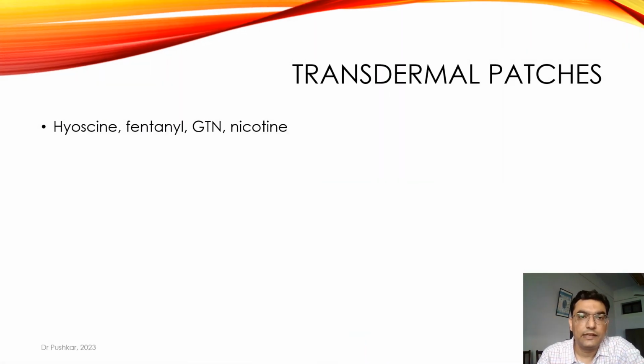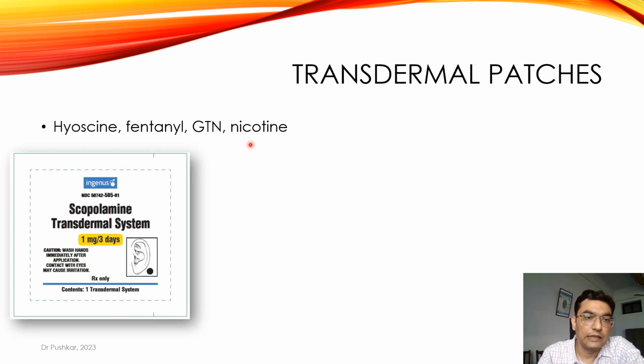There are various drugs that are available as transdermal patches, such as hyoscine, fentanyl, GTN, or nicotine. First of all, hyoscine. Hyoscine is also known as scopolamine, a very commonly used drug for the control of motion sickness, and this was the first drug to be marketed in the form of transdermal patches.